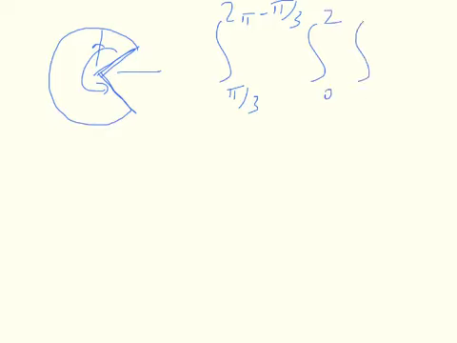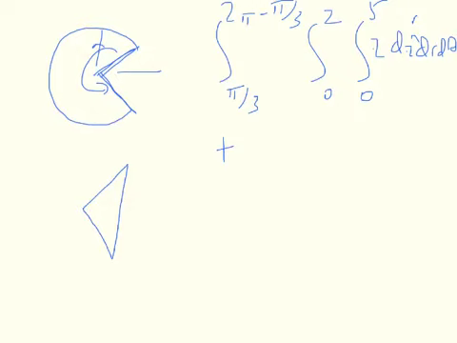So for angles from pi over 3 out to 2 pi minus pi over 3, r is going from 0 all the way out to 2, and z is going from 0 to 5, z dz dr d theta, and I forgot an r in there, so there's a little r that goes in there.